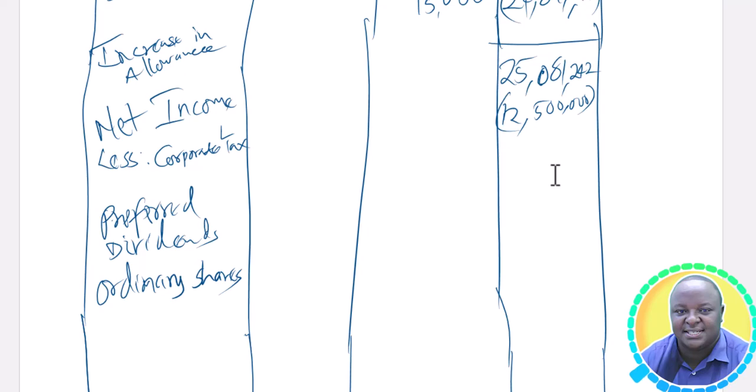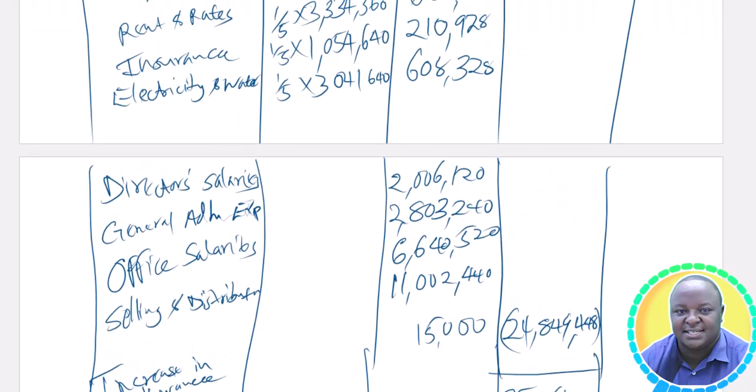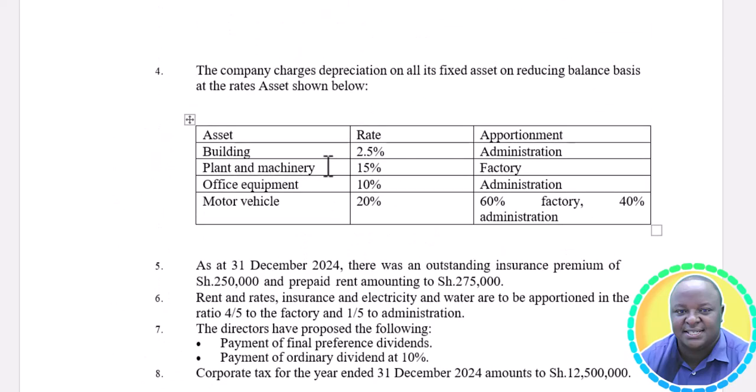From the question, we are told of the payment of final preferred dividends and payment of ordinary dividends at 10%.